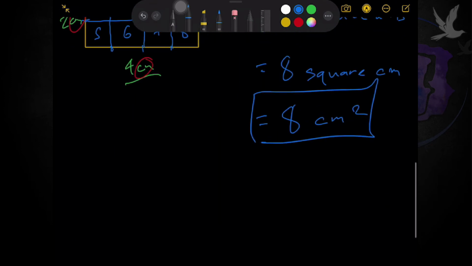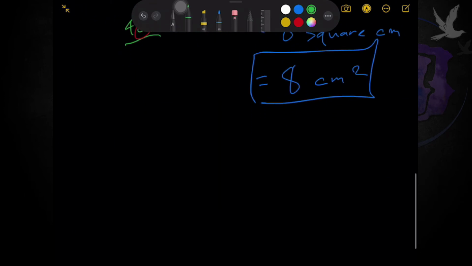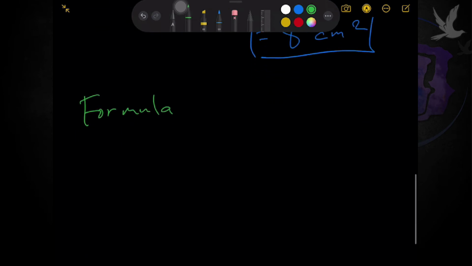Ngayon, let's try to solve it now using a formula. It's actually very, very easy. Okay, so formula natin dito. For a square, area of a square, all you need to do is just to take the side and multiply it to its own side.